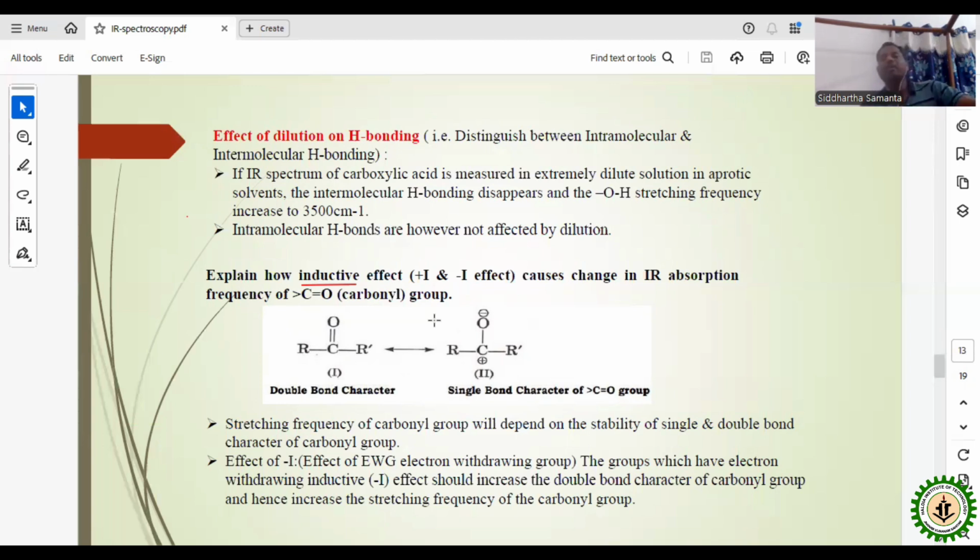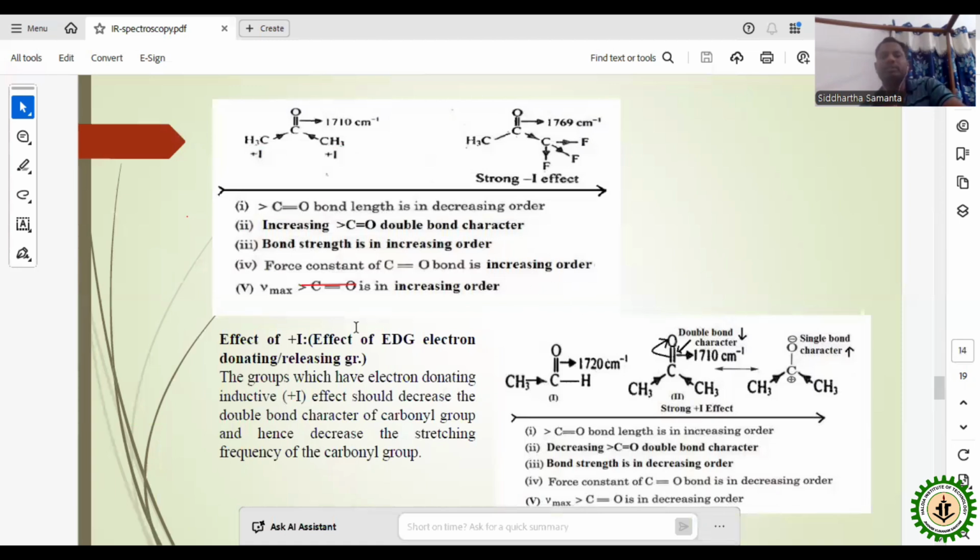And what is the effect on CO stretching frequency if we attach some electron donating group or some electron withdrawing group? So plus I effect group decreases CO stretching frequency. It converts C double bond O toward C single bond O in that form. So CO stretching frequency is reduced by the presence of plus I effect, whereas minus I effect group increases CO stretching frequency.